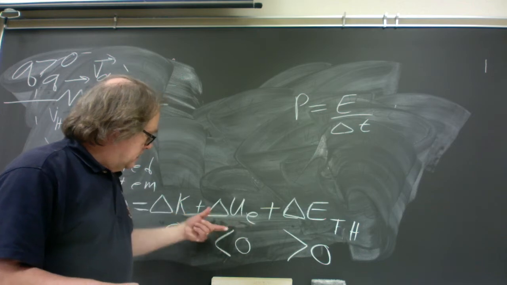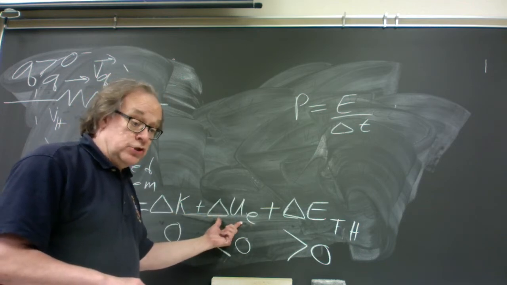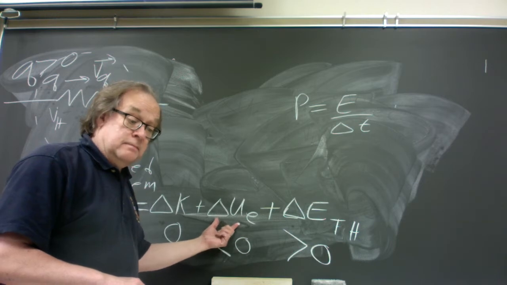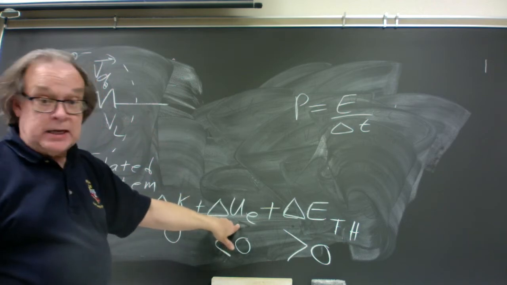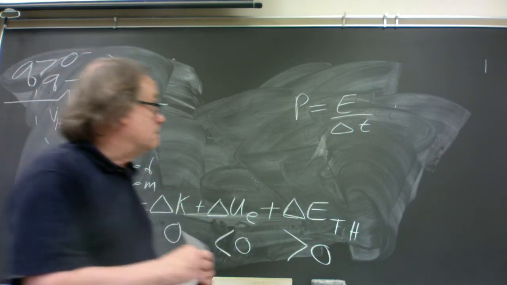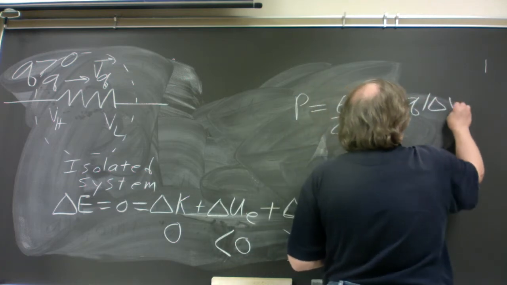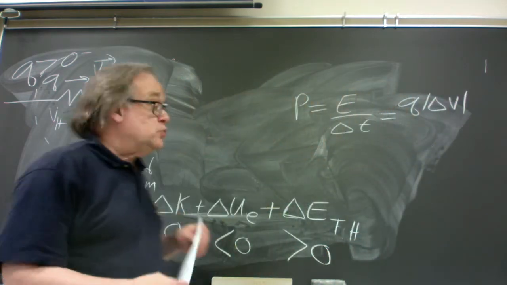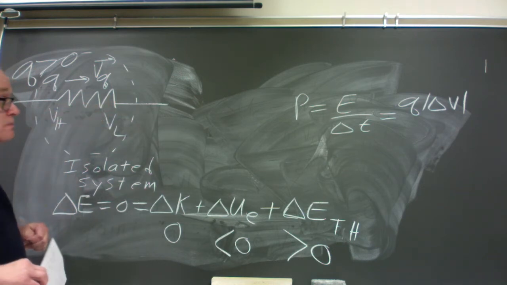So this is actually a negative number, so the amount of energy received, taken by this lump of resistance, is just the absolute value of this, which is just Q times the absolute value of the potential difference between the two ends of this resistance.